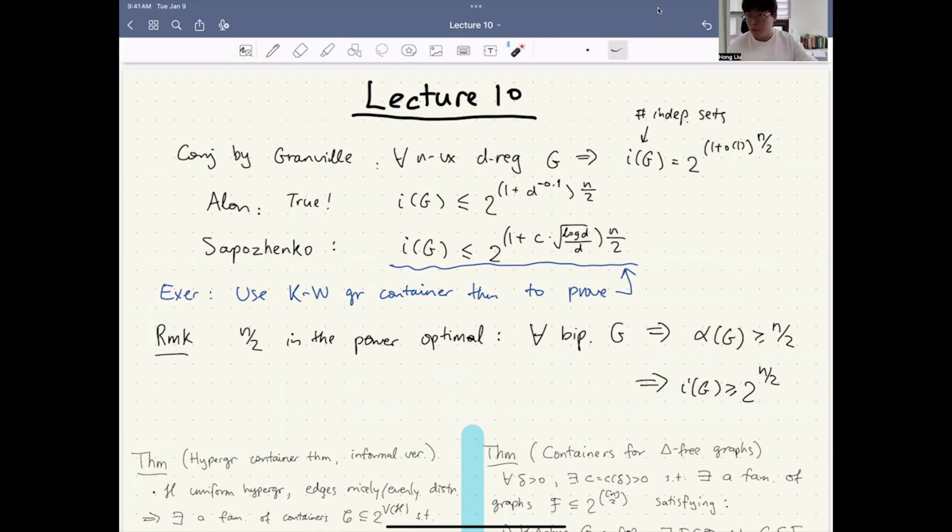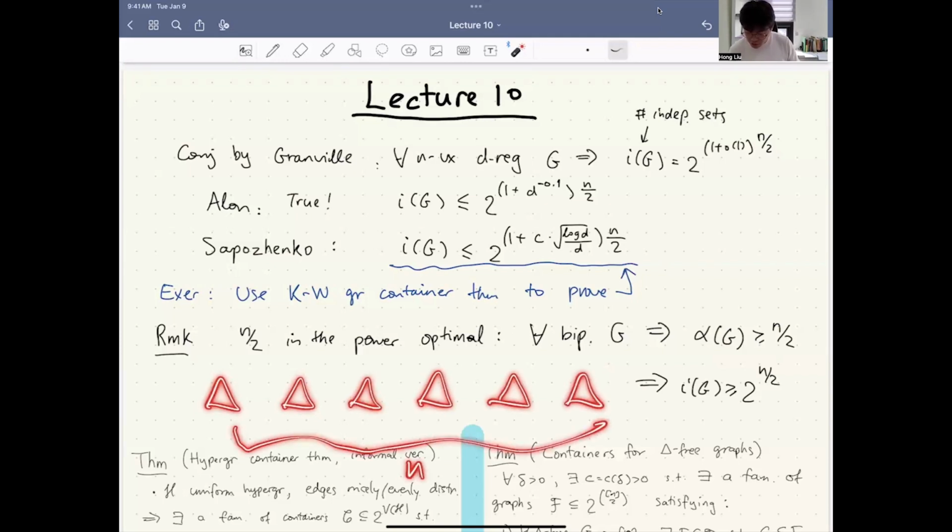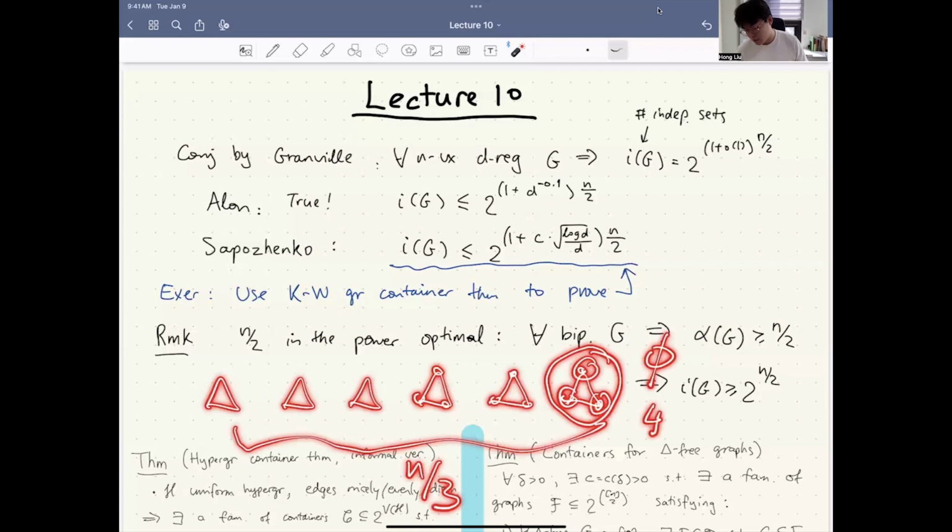The reason being, if D is not sufficiently large, then the graph can be a disjoint union of triangles, n over 3 of them. Then how many independent sets are there? From each triangle, you can take nothing, or you can take one of the vertices, 4 choices.